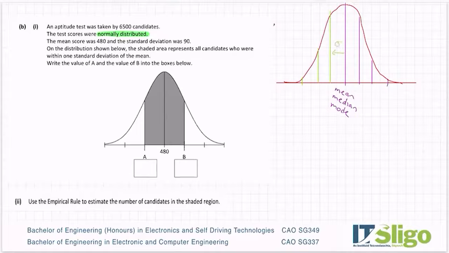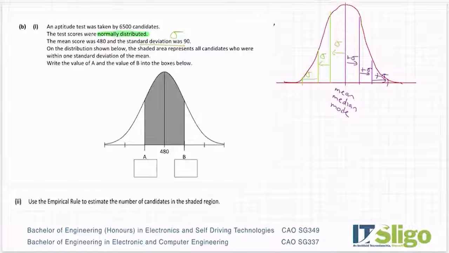The symbol for a standard deviation is sigma. It's like an O with a hat on the top. If I go down another standard deviation and then another, or of course I could go up standard deviations as well. Standard deviation is a measure of spread of our data. Basically, what is the spread between the minimum and the maximum value.